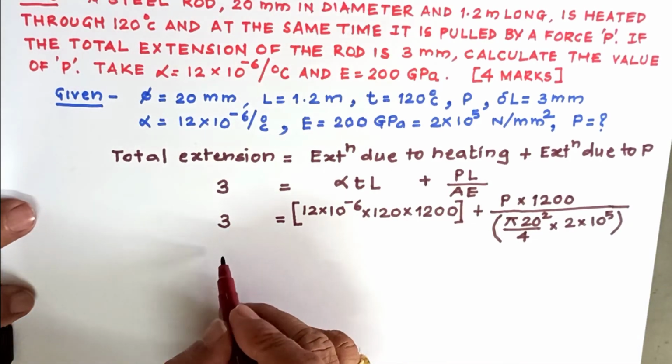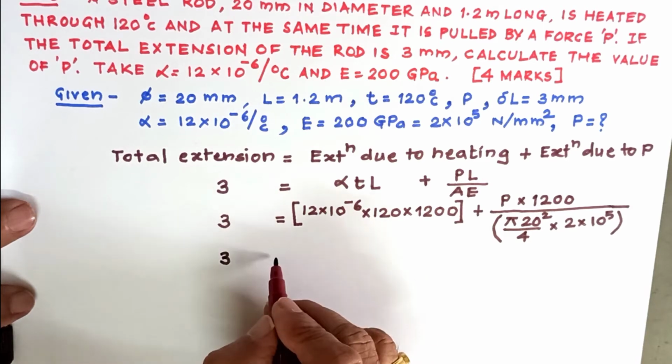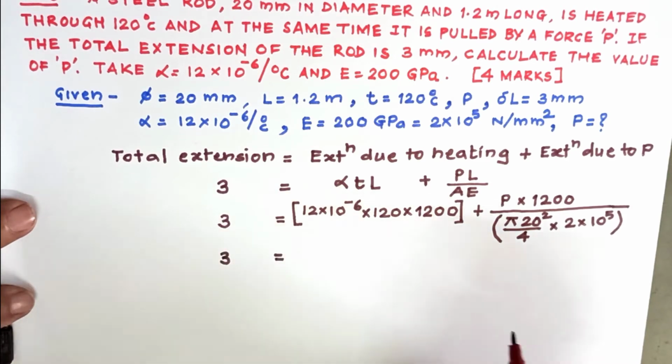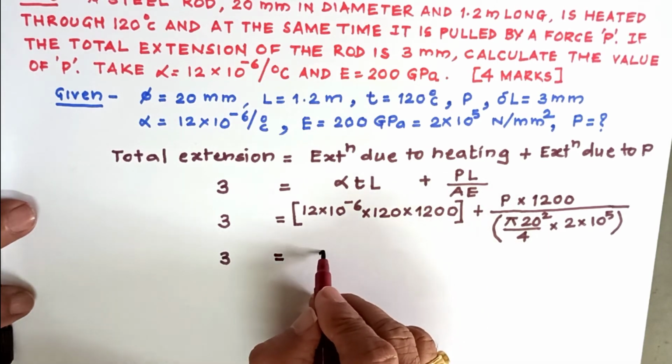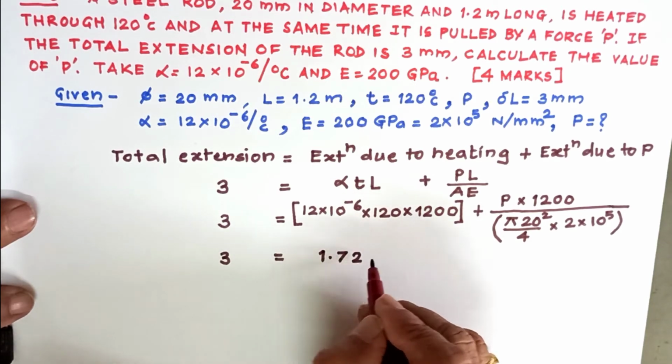Now if you calculate it on scientific calculator, you will get the extension due to heating as 1.728 mm.